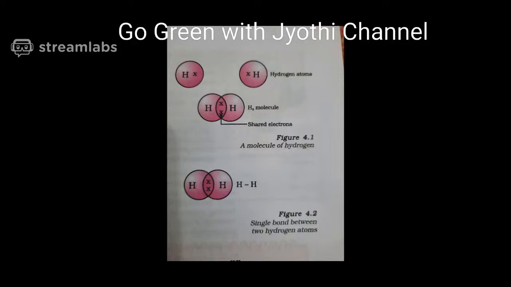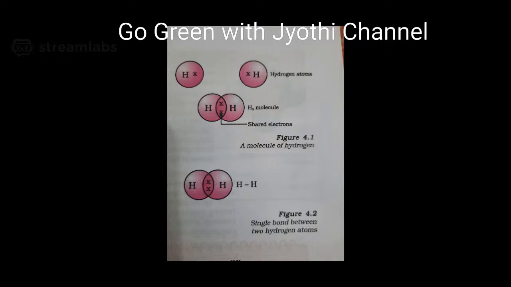Now, how does hydrogen form a covalent bond? This is the structure of the hydrogen molecule. The atomic number of hydrogen is 1, with 1s1 electronic configuration. It has only one electron. So, in order to form a bond, it requires one more electron.